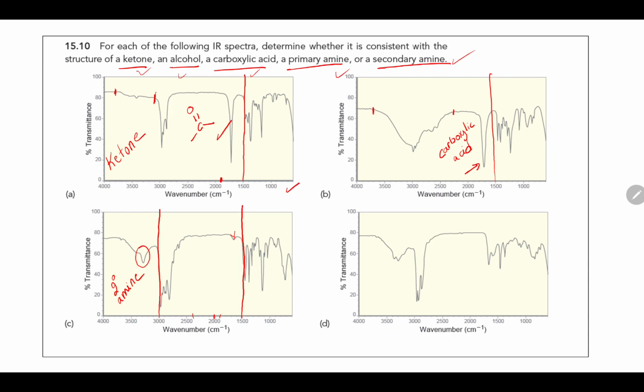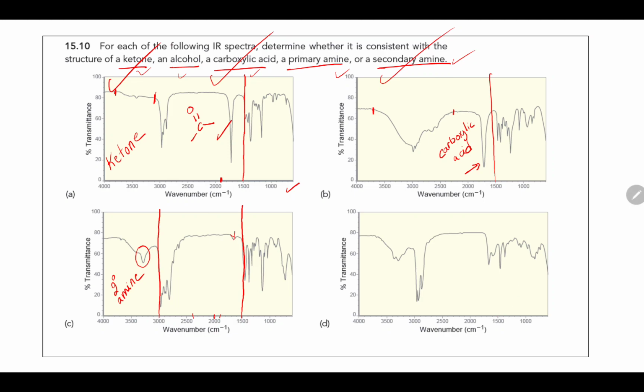Let's move on to this spectrum now. So the ketone is done, the carboxylic acid is done, and the secondary amine is also done. So we still have an alcohol and a primary amine.